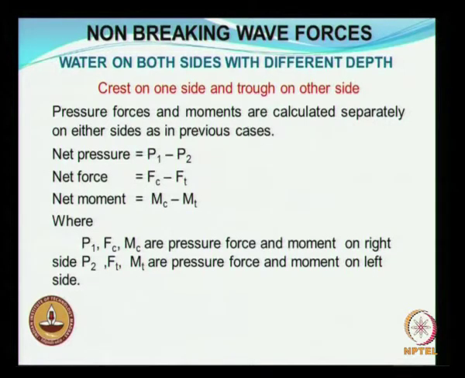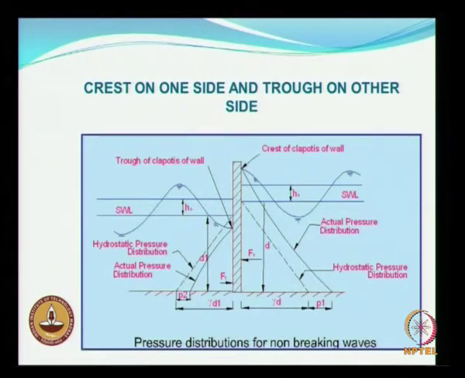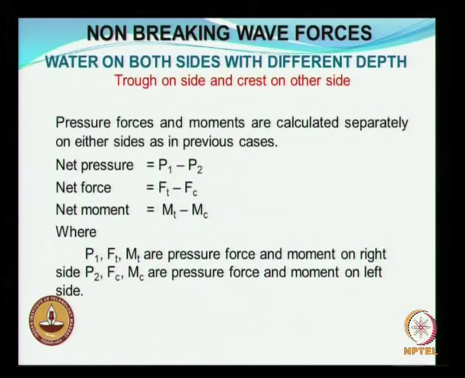So the same criteria has to be followed for all the conditions, and crest on one side and the trough on another side and different water depths. So these are all the different situations you can come across. Okay. And the procedure remains the same, there is no difference in the procedures.